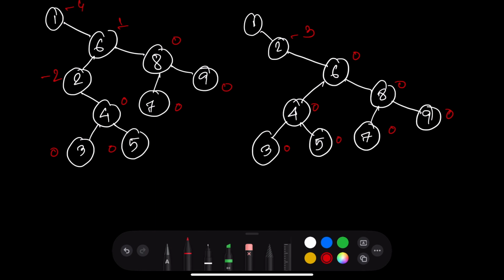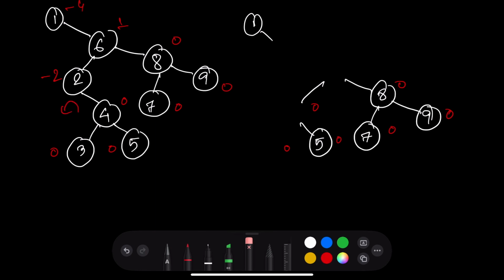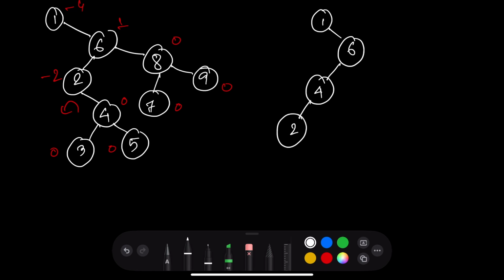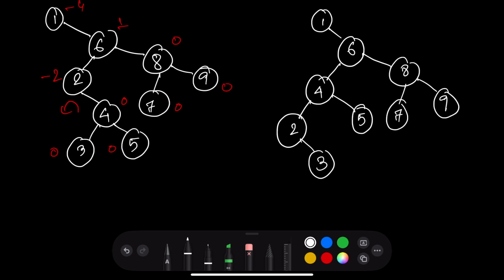Now here again left rotation would be working, so then the tree will be like this. 6, one, then 6, and then it would be 4, it would be 2, it would be 5, and it would be 3, it would be 8, it would be 7, it would be 9.